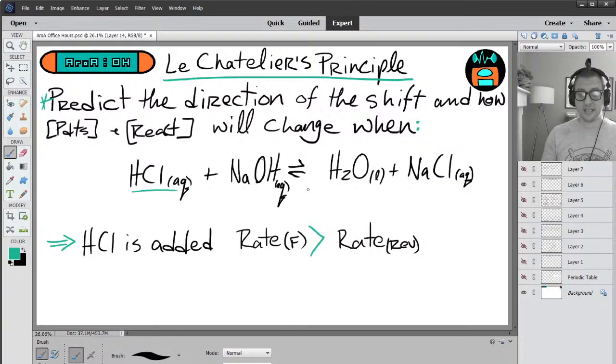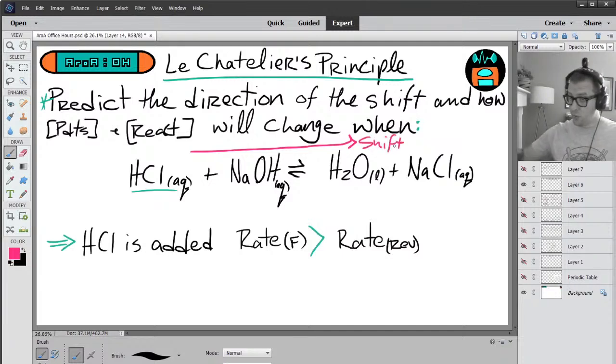If the forward reaction is reacting faster than the reverse, we are going to experience a shift to the product side, which is a shift to the right.